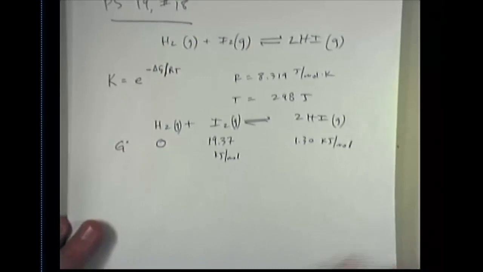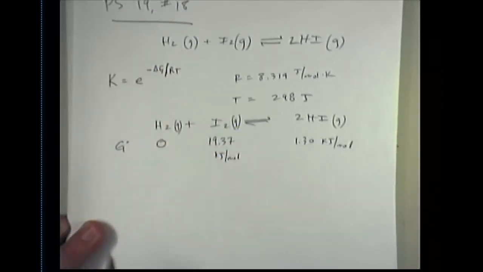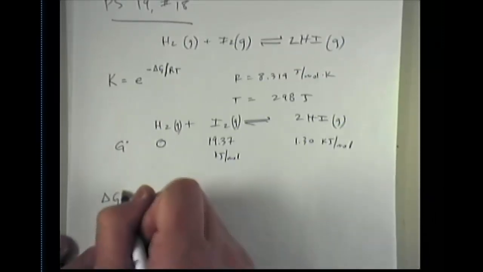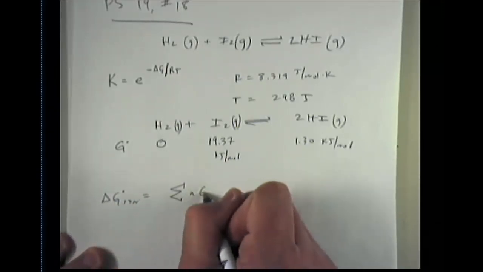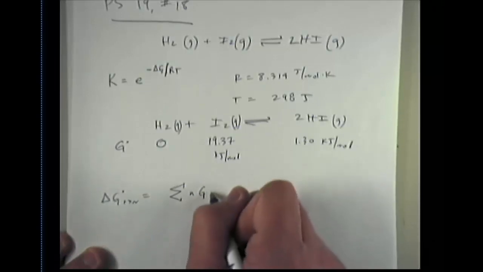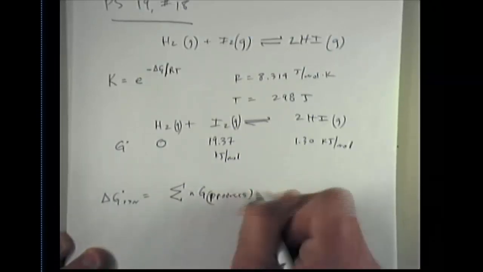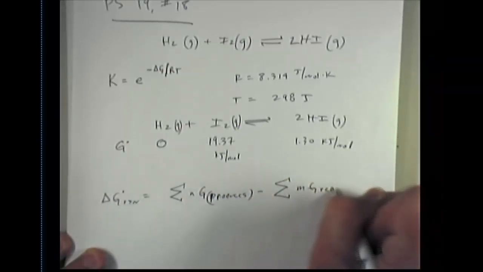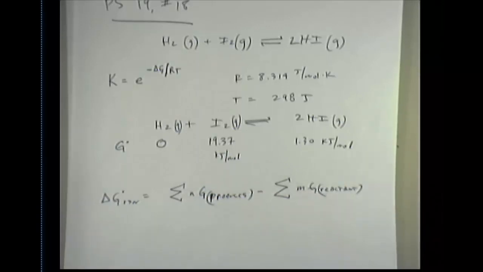Thus, in order to answer this question, we have to obtain a value for delta G. Delta G is the big mystery value here. Delta G, similar to our entropy values for a reaction, is equal to the sum of the individual Gibbs free energy values for all of the products, minus the same values for the reactants, with each product being multiplied by the coefficient before it, as well as each reactant.